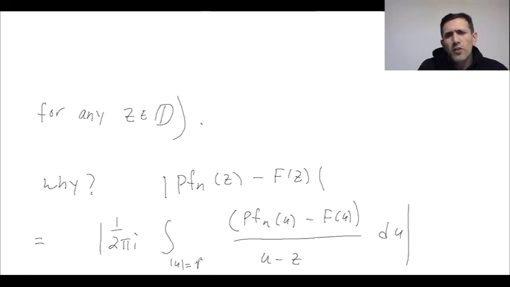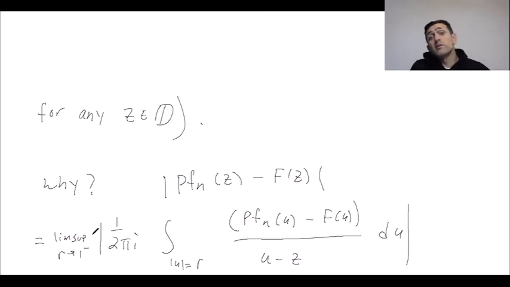Now this is true for any r whatsoever, so I can let r go to 1. And I should mention I use lim sup instead of lim because the limit will exist, but that's not trivial at all.